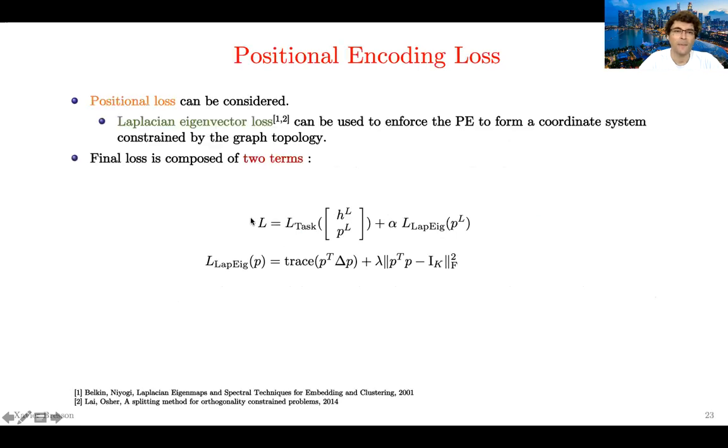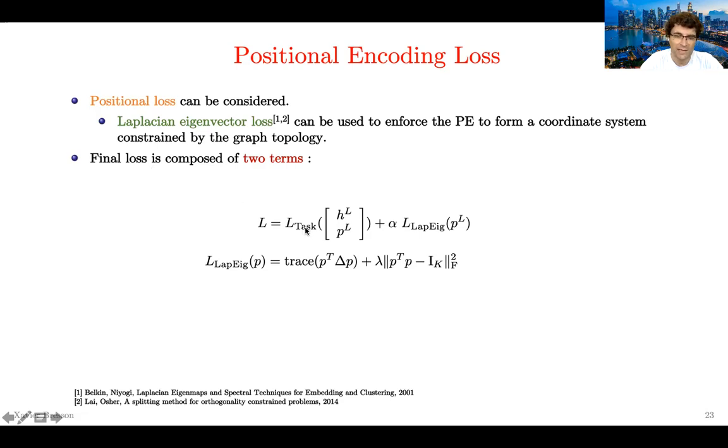Okay. So since we have a positional representation, we can also add a positional loss. For example, a very natural one will be to add the Laplacian eigenvector loss such that the positional encoding will form a coordinate system constrained by the graph topology. So at the end, the final loss will be composed of two terms.